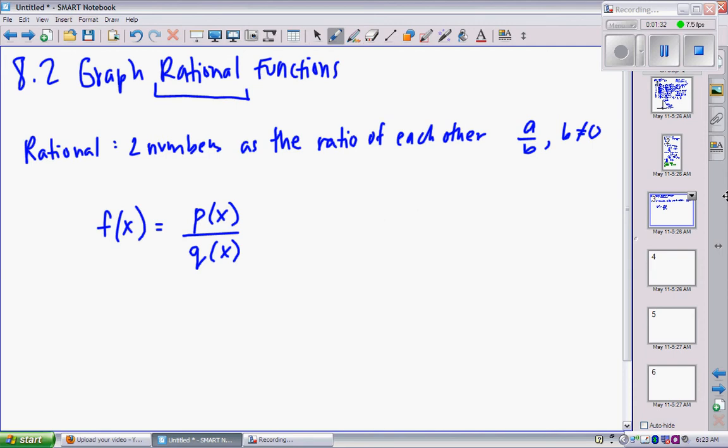The inverse variation function y equals a divided by x is actually a rational function.